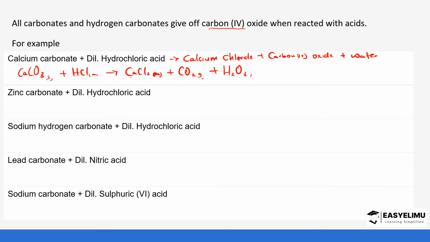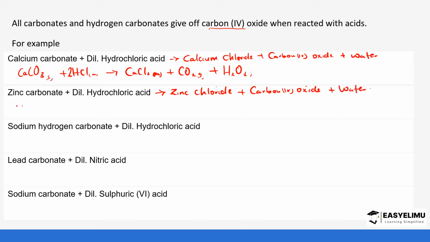So we balance the equation. We have 1 calcium both sides, 1 carbon both sides, 3 oxygens both sides. The hydrogens and the chlorine are not balanced, so we have to put a 2 here and it's balanced. Zinc carbonate also reacts with dilute hydrochloric acid to form zinc chloride, carbon dioxide, and water.